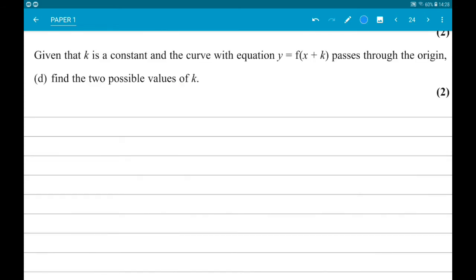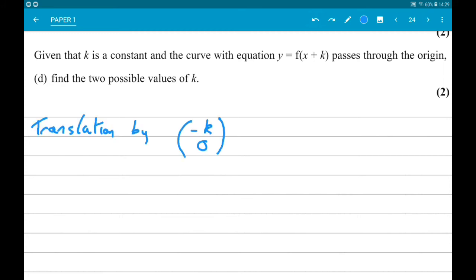Okay, then for part D, given that k is a constant and f of x plus k passes through the origin, find the 2 possible values of k. Okay, so f of x plus k is a translation either left or right. More specifically, it's translation by minus k, 0.